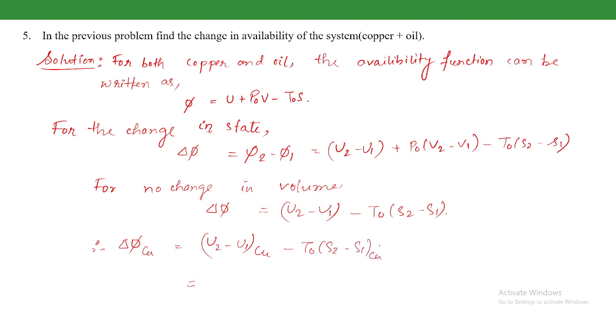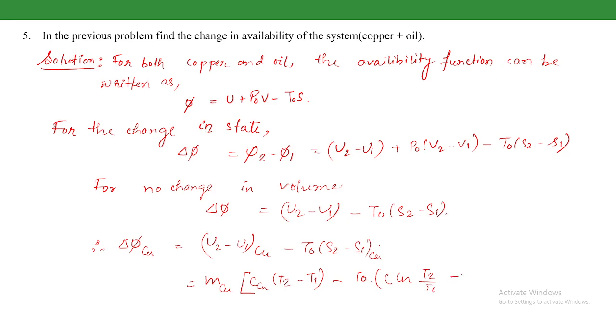So this can be written as mass of copper, since this will be converted to specific differences now. Mass of copper multiplied by u2 minus u1, which is C for copper times T2 minus T1, minus T naught into S2 minus S1, which can be written as C ln of T2 by T1 minus R ln of P2 by P1.